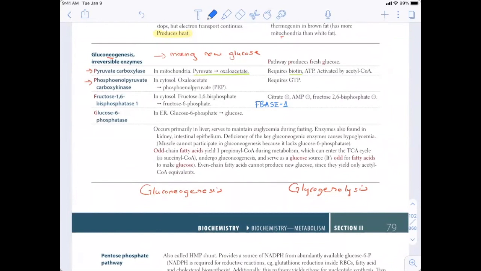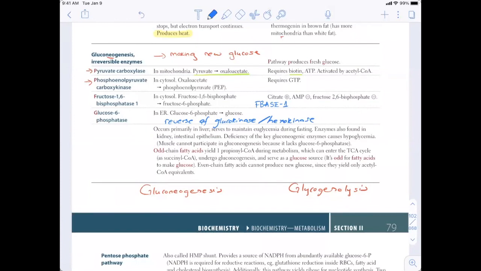It is the reverse of glucokinase and hexokinase, because glucokinase or hexokinase changes glucose to glucose 6-phosphate. Now this one is taking us from glucose 6-phosphate back to glucose. This is the final step. Once you get past this, now you have glucose.